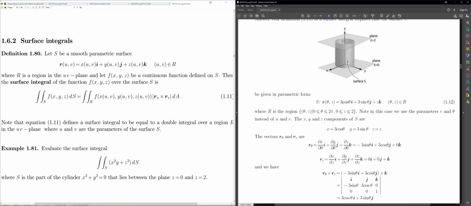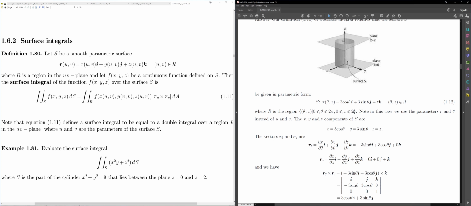When you do that, you get minus 3 sine theta. Differentiating 3 sine theta, you get 3 cos theta. When you differentiate z with respect to theta, you get 0. So r_theta is minus 3 sine theta i, 3 cos theta j, and 0k.